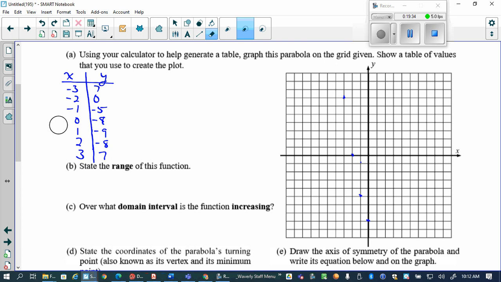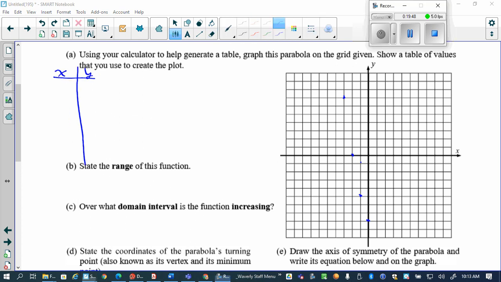So that kind of changes our vertex here, right? Where's the actual vertex now? 7, 0, -5, -8, -9, 8. Good grief, what is going on here? -3 to 5 is what we wanted.